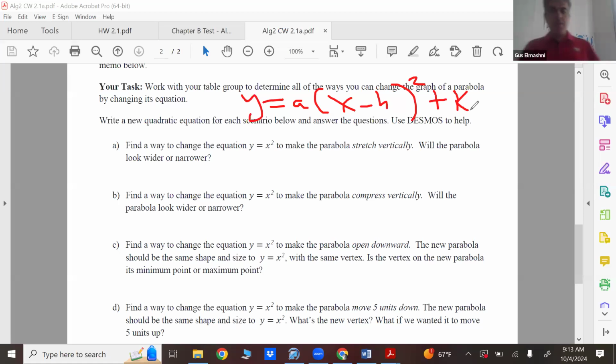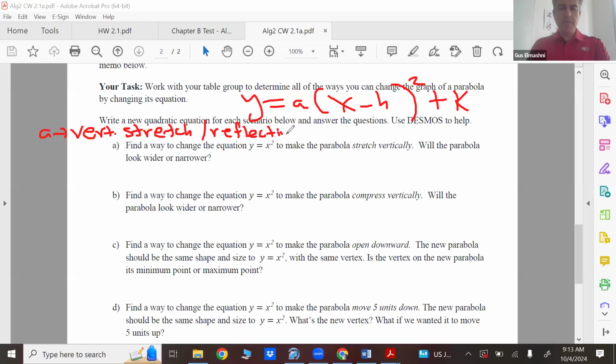All right, so let me explain what each of these things are. A is for the vertical stretch, so we definitely want to write this down. A is for the vertical stretch slash reflection about the x-axis.